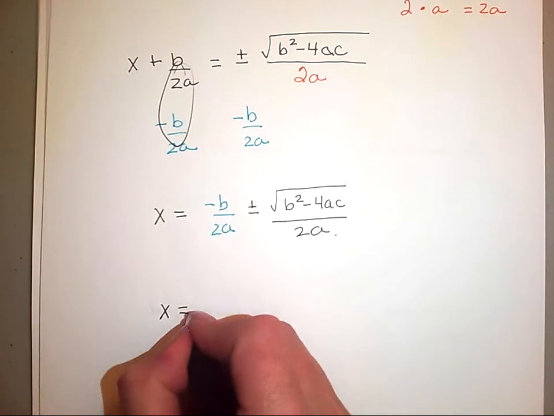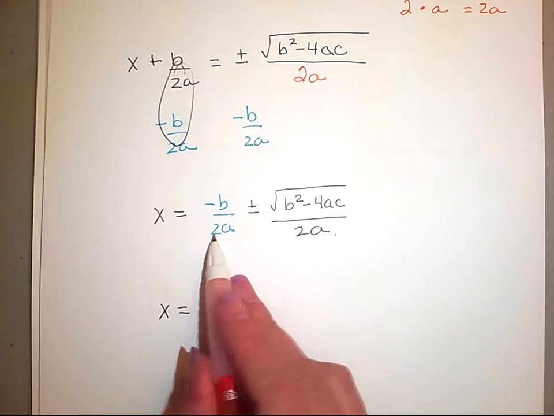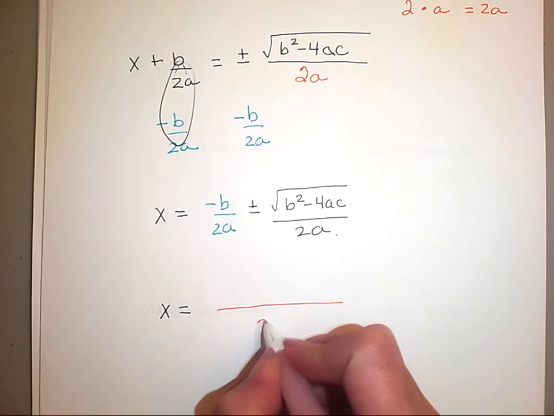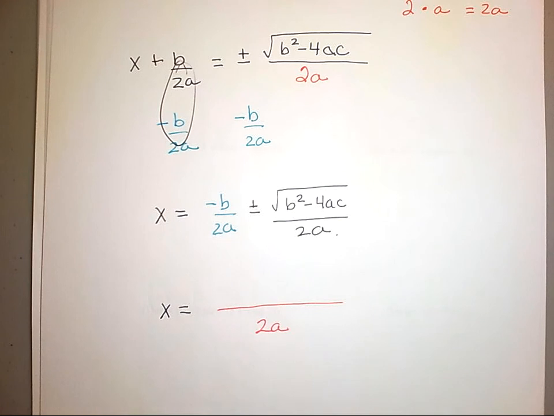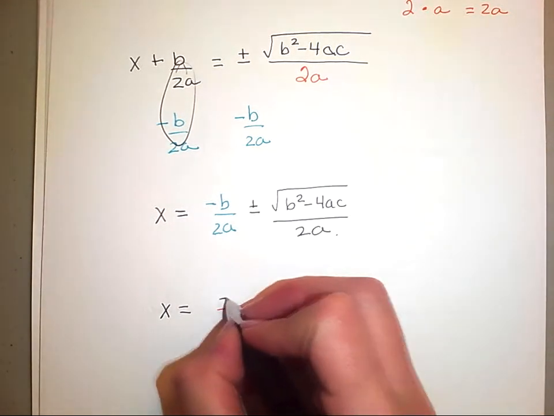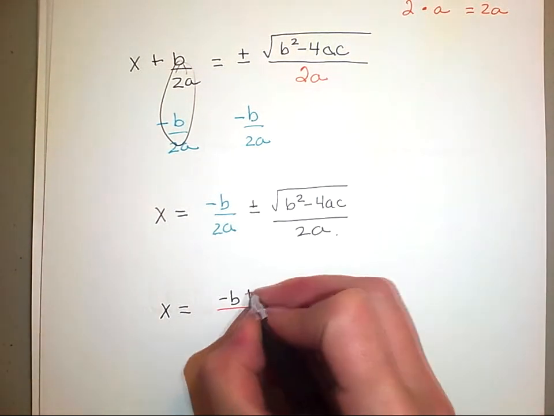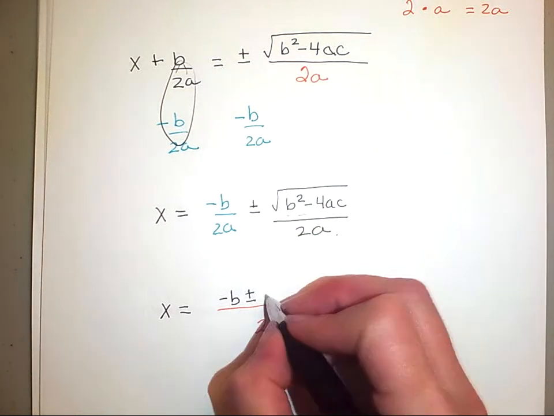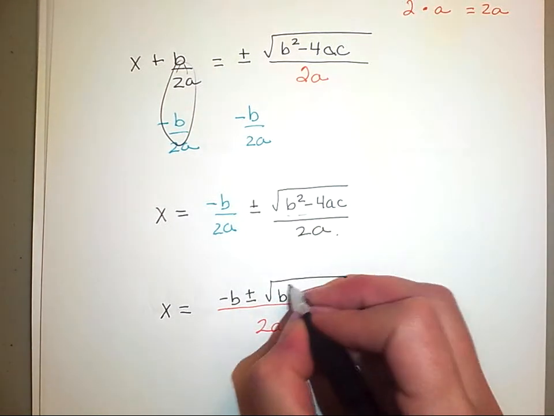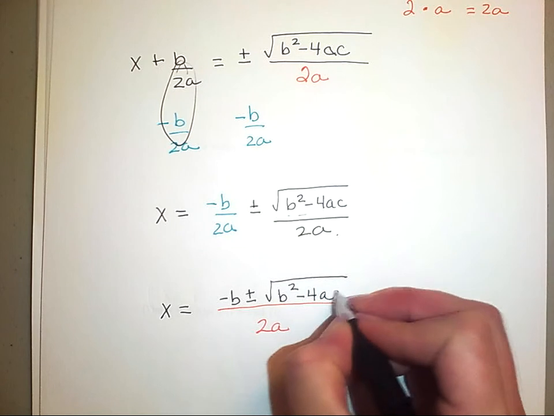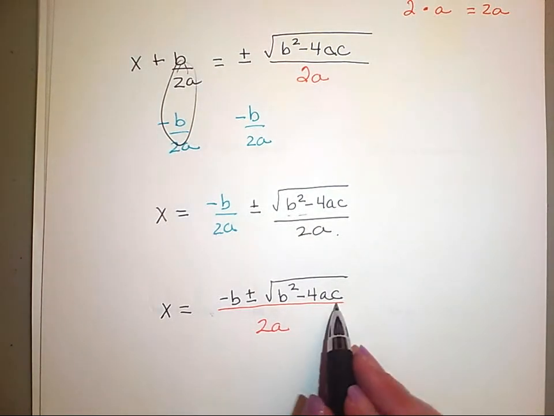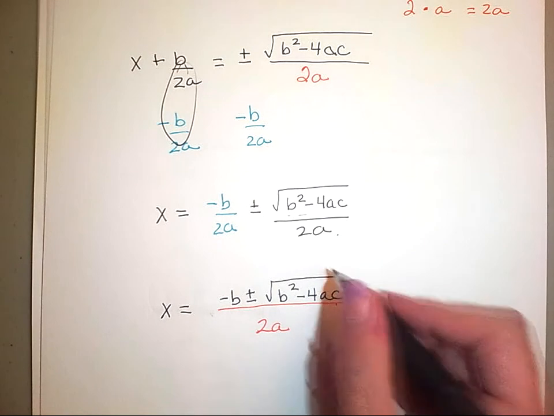Now let's get a common denominator. We already have it, 2a and 2a. So as we write it as one big fraction, we take the first, negative b, and then plus or minus the second, the square root of b squared minus 4ac, that entire quantity over 2a.